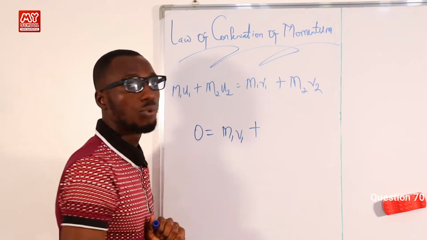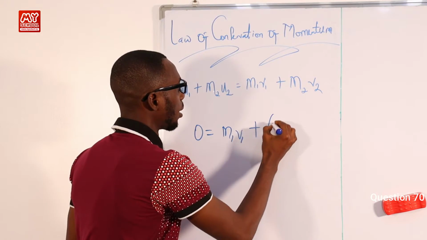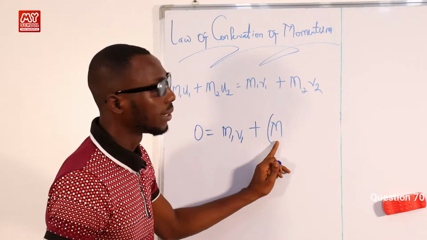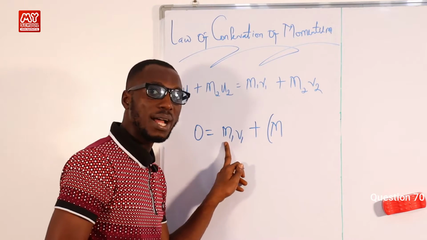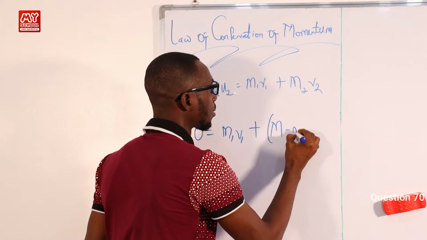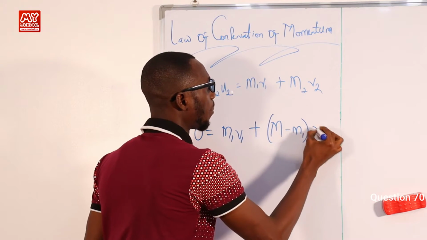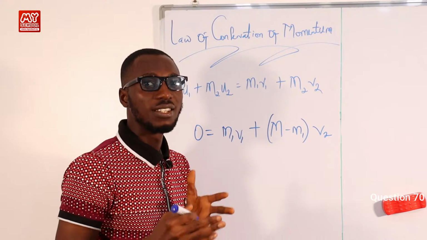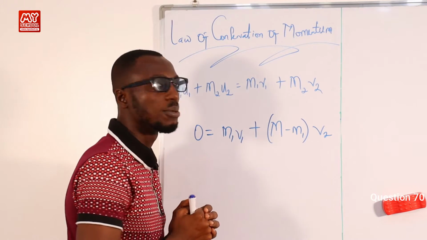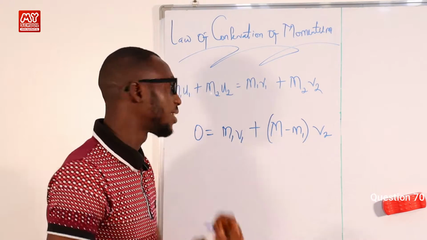That means the other particle will be the big mass m that's split into 2, minus this other mass that we have been given, the second mass, multiplied by v2. Okay, remember that momentum changes, it's equal in magnitude and opposite in direction.